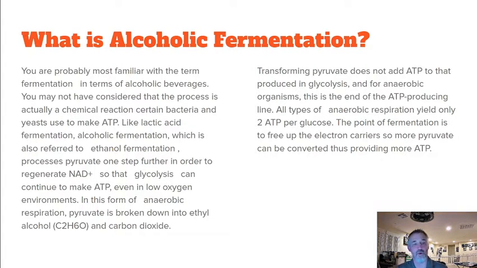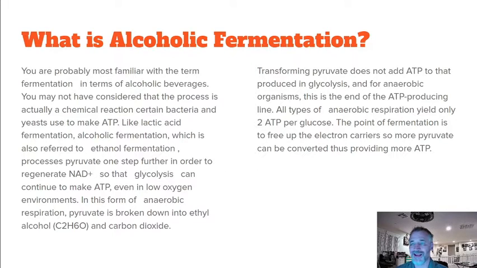processes pyruvate one step further in order to regenerate the NAD+, so that glycolysis can continue to make ATP in low oxygen environments. In this form of anaerobic respiration, pyruvate is broken down into ethyl alcohol and carbon dioxide.